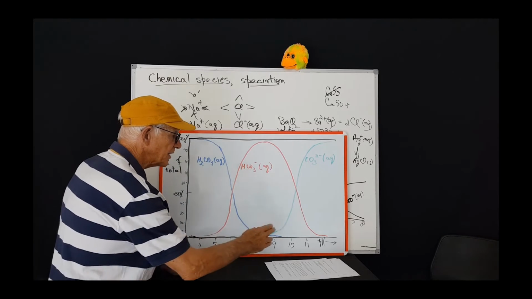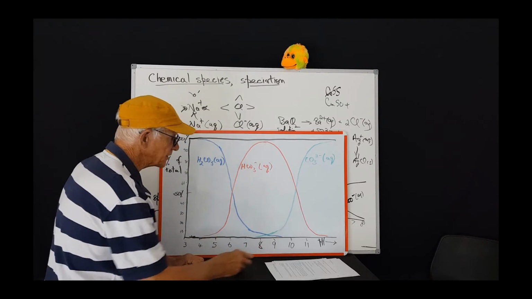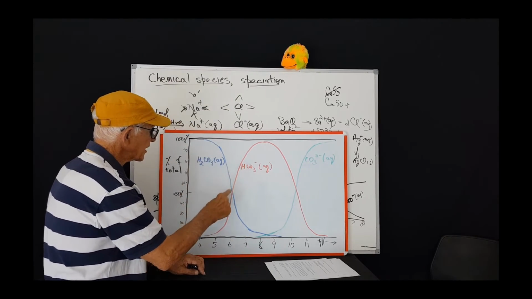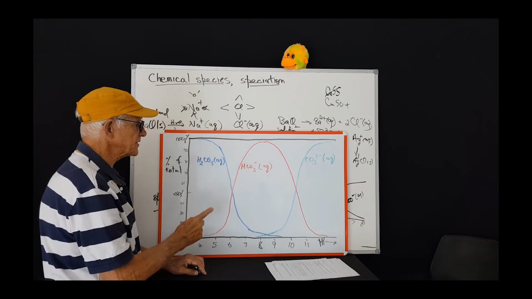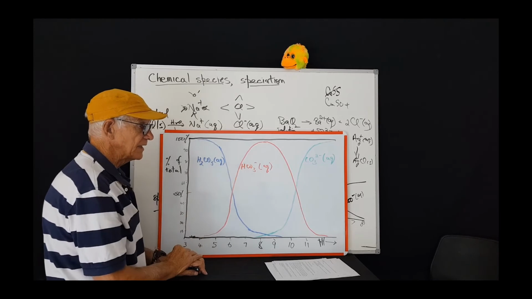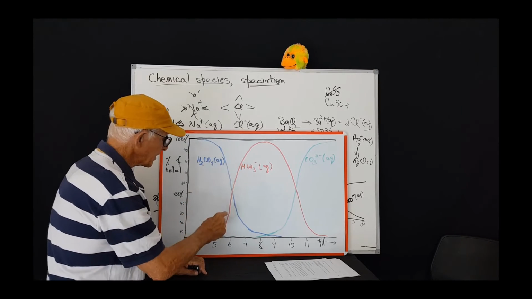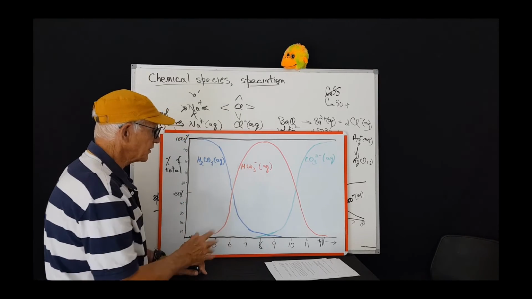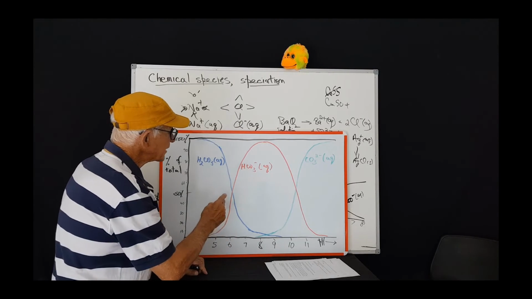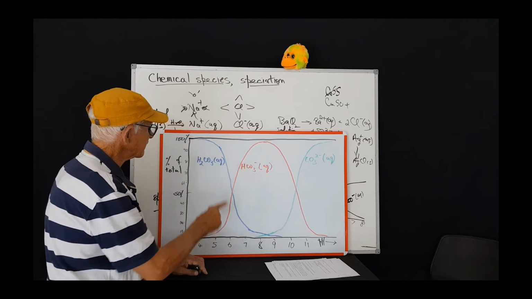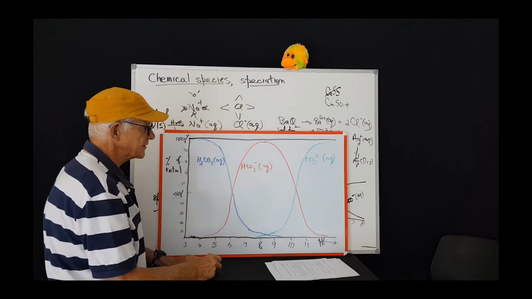As we increase the amount of sodium hydroxide, increase the pH, concentration of carbonic acid goes down and the concentration of hydrogen carbonate comes up as we convert some of this into this. This crossover is at about pH 6.4. As we increase the pH further and further and further, this one goes to almost nothing.